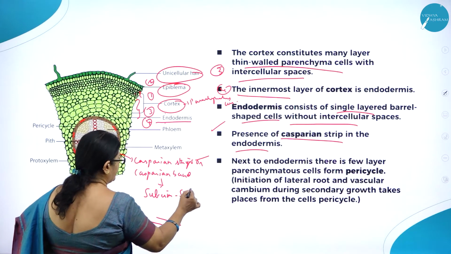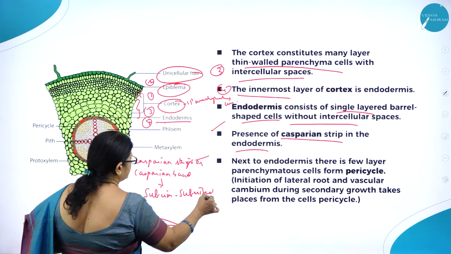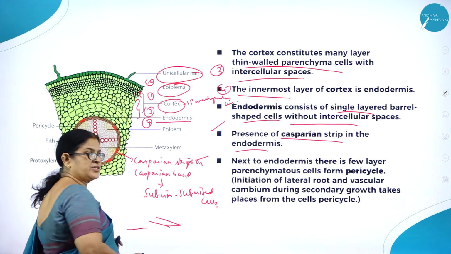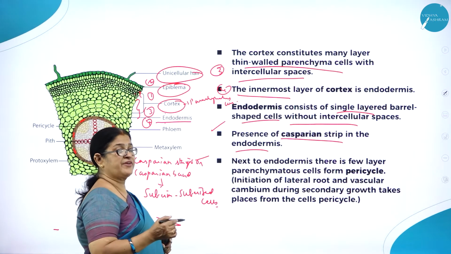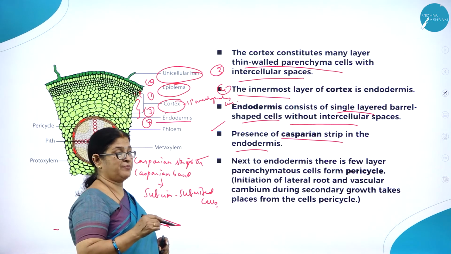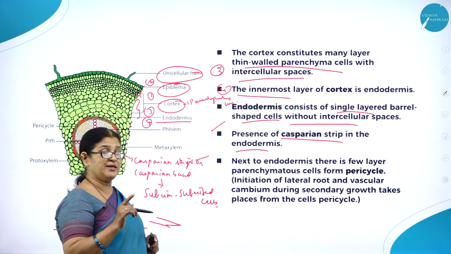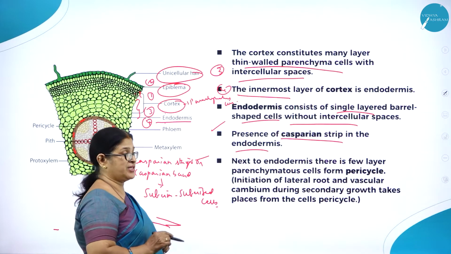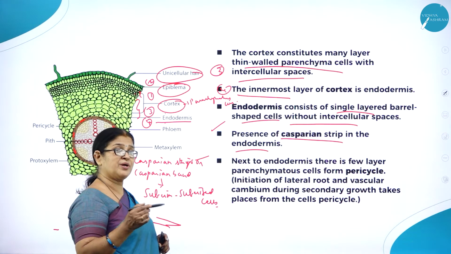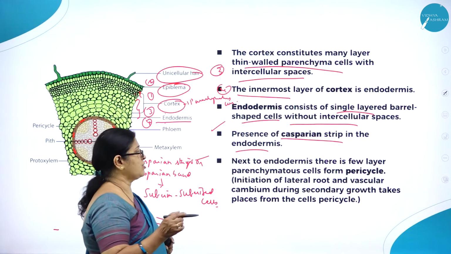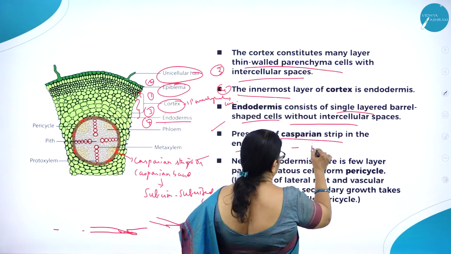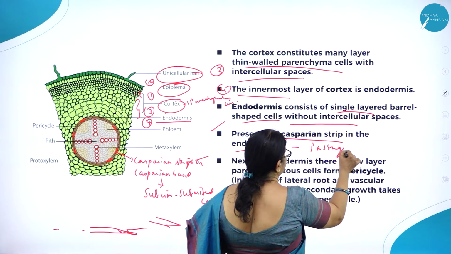They are also called suberized cells. So, presence of Casparian strip where? In the endodermis. The cells where you don't come across Casparian strips are called passage cells.